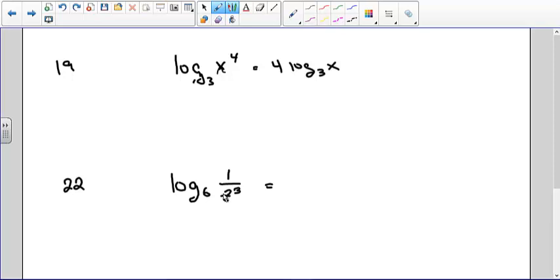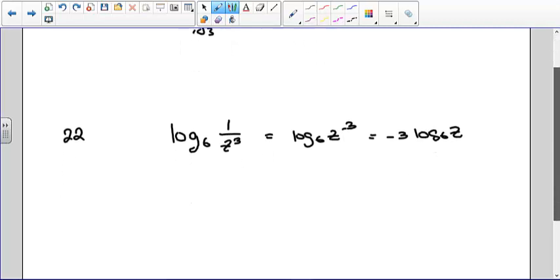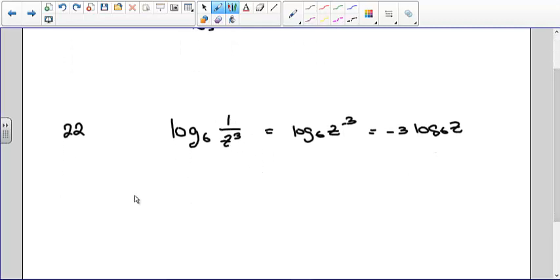Now down here, we have a division problem. You might think there are 2 ways to think about this. One is you could rewrite this as z to the minus 3 power and then bring the negative sign outside. The other way is to use the quotient rule, which would be log base 6 of 1 minus log base 6 of z cubed.